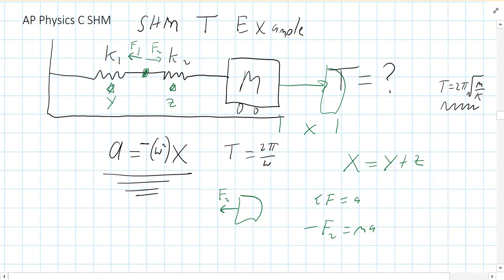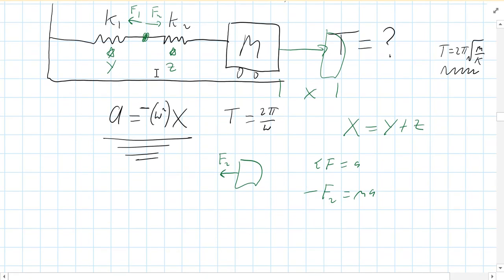They're equal and opposite in direction. So it also turns out that spring 1 is pulling left on this cart the same amount that spring 2 is. Now, it's not touching the cart, but I do know that the magnitude of F2 is equal to the magnitude of F1.